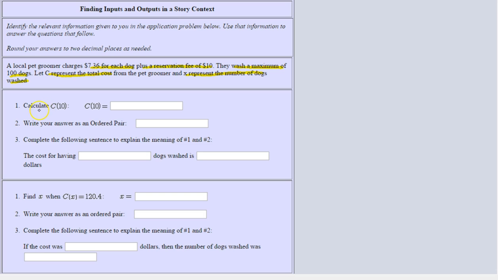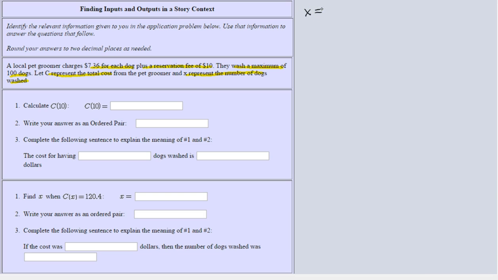So first we're asked to calculate C of 10. Before we do that, let's make a function, C, where the input is X, because those letters we were given represent a situation. So let's define our variables.